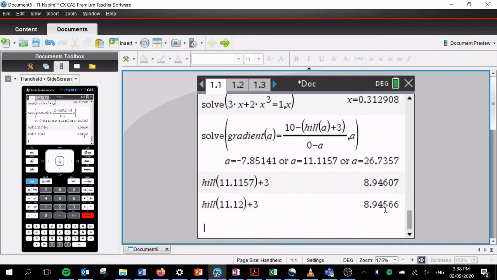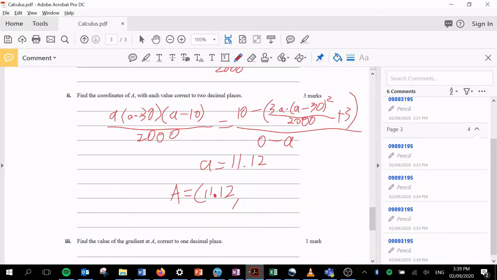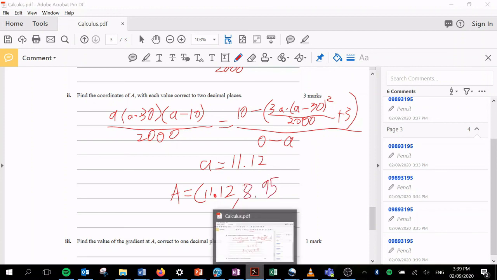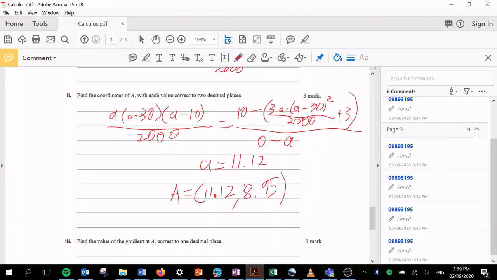If this was just a little bit higher, if I used hill of 11.13, if the question was slightly different, and I used the rounded version, I would actually get this wrong. So then we've put in our answers, 8.95, I think it was after rounding. Let's just double check. Yep, 8.95.